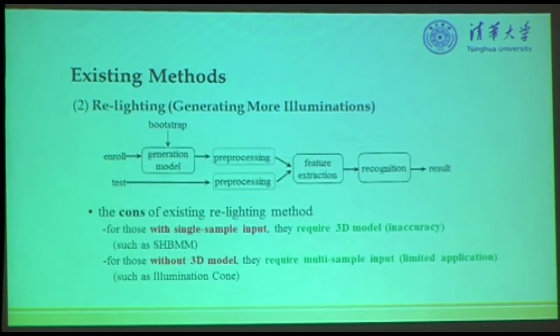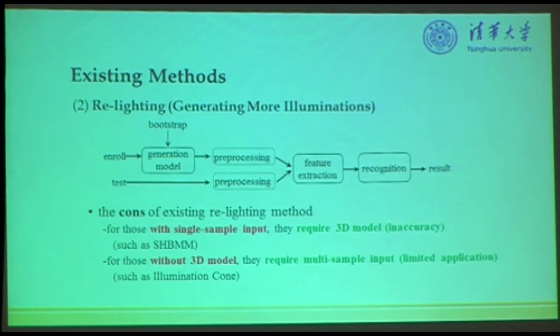So the second group is face relighting. These algorithms try to generate more illuminations of the gallery set, so they can depict the illumination space.